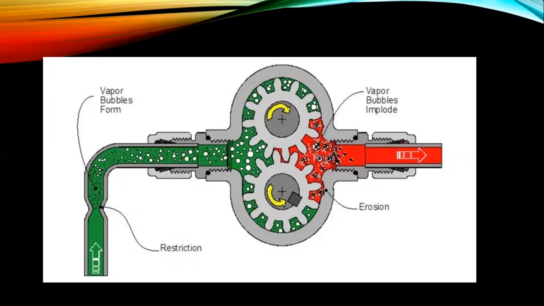Here we can also see the vapor bubbles. After the fluid enters the impeller and meets an area where the local pressure is greater than the saturation pressure, the bubbles may implode suddenly, and millions of these bubbles can destroy the impeller or other internal parts over time.